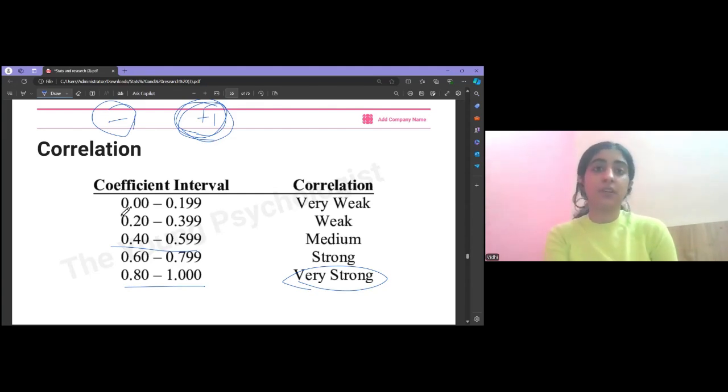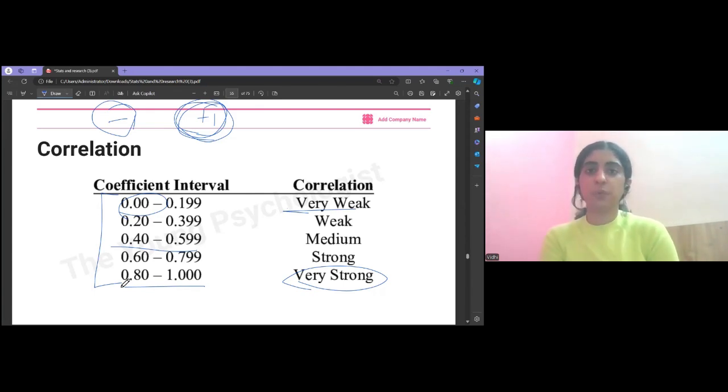Similarly, the value of the correlation coefficient can also be 0, or 0.1, or 0.2. As we know, 0 is far away from either of the ones, which means that the relationship is very weak. So this is a table that you can use to understand what the different values of correlation mean and what they indicate about the relationship.